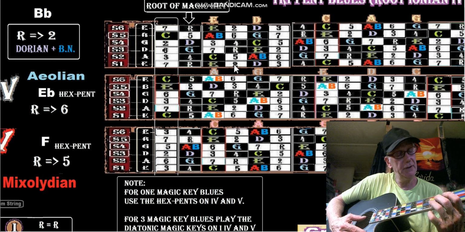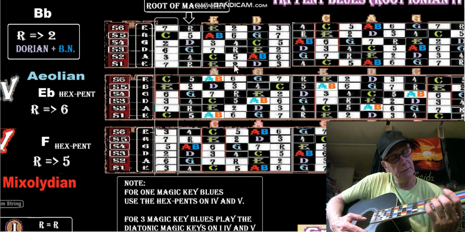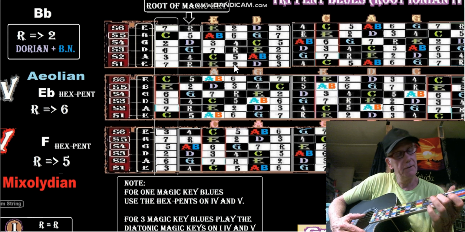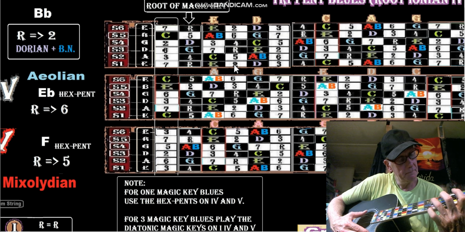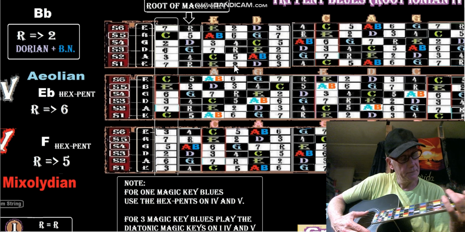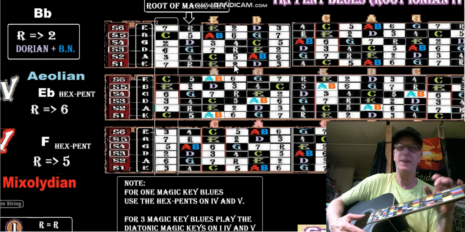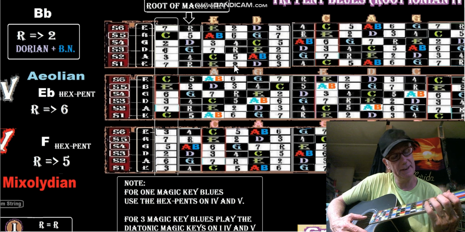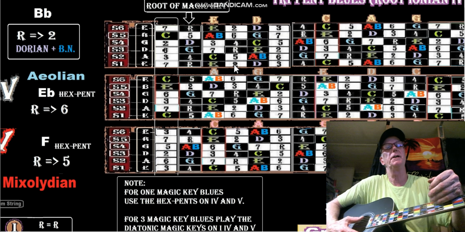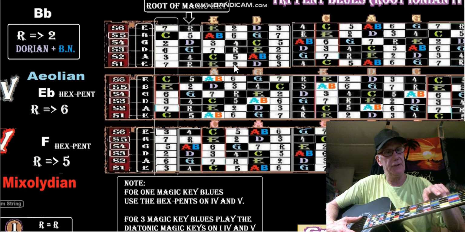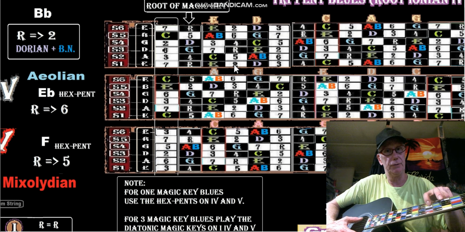Now even for that B flat, we can also play its 7th. Sorry, I got that wrong. I always get that 2nd string wrong lately on the A. It's the top 2 strings, 5, 6, root 2.